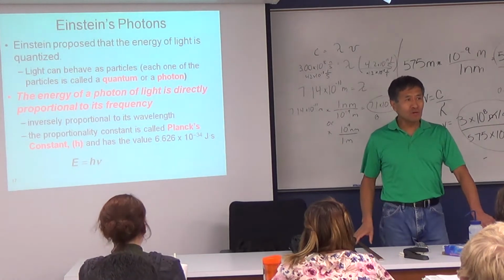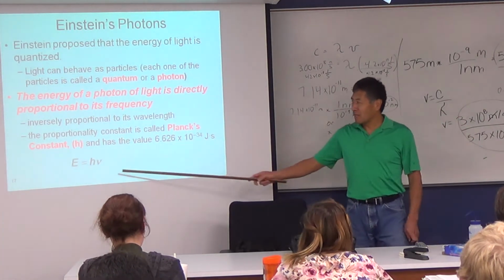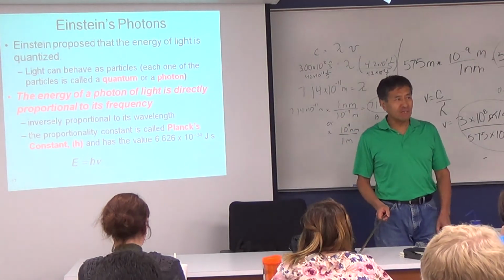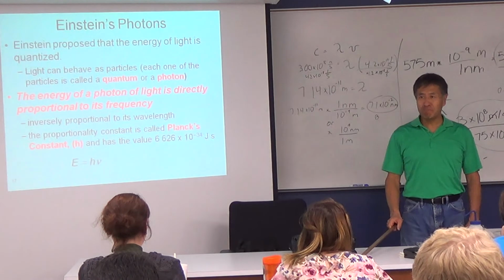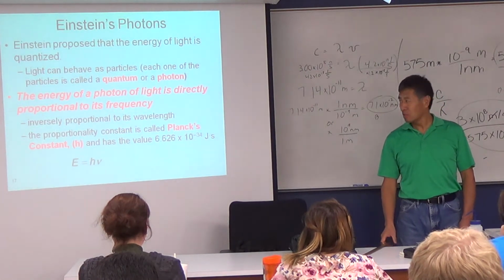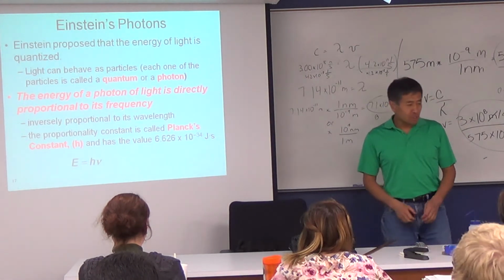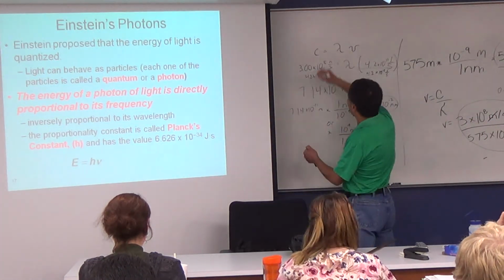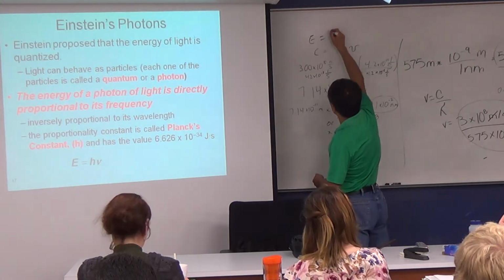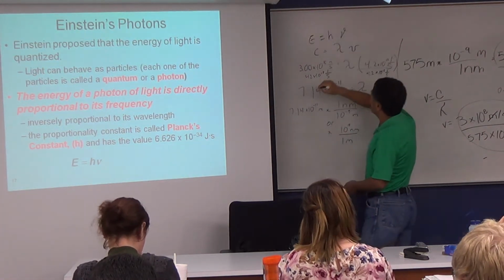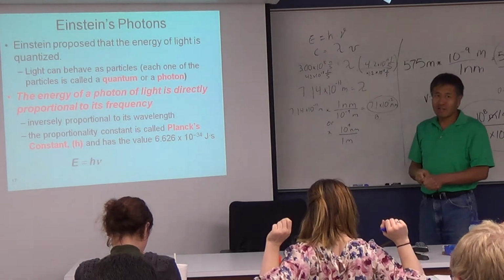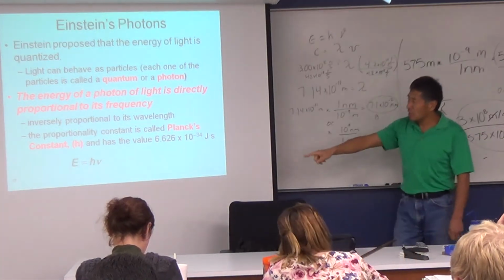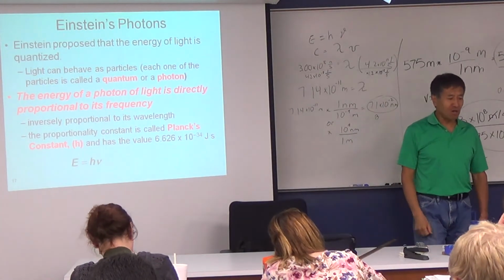Therefore, you can calculate precisely the energy of one small package in one beam of laser. Right? So this will be our second equation. The first equation here, and the second equation will be E equals h times nu, and h is another constant. Okay? So c is a constant, h is a constant, and this h is the Planck constant.